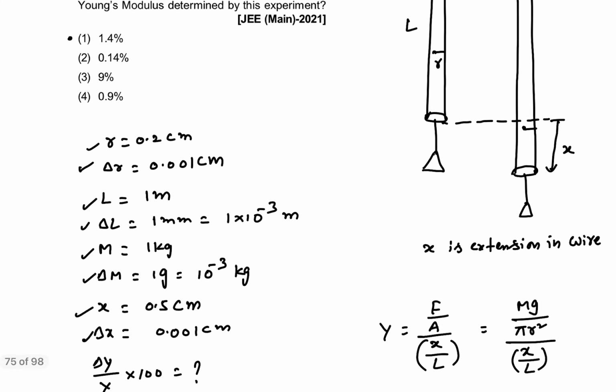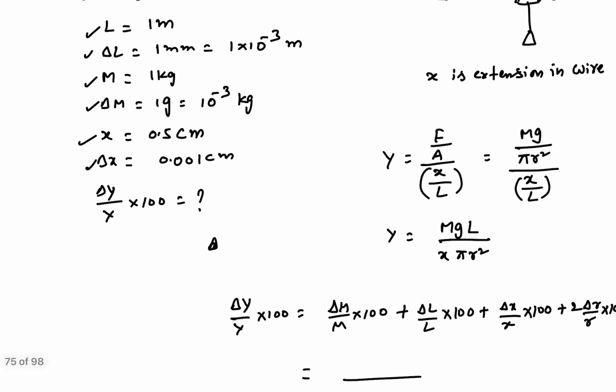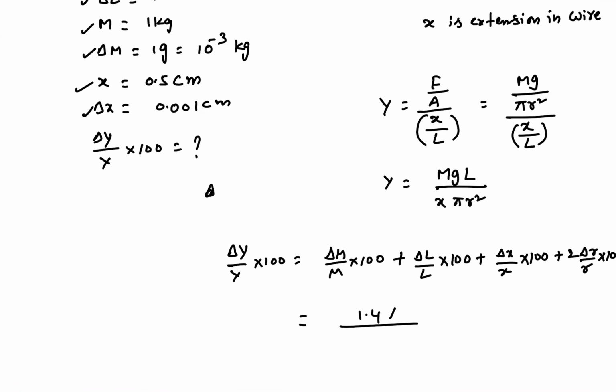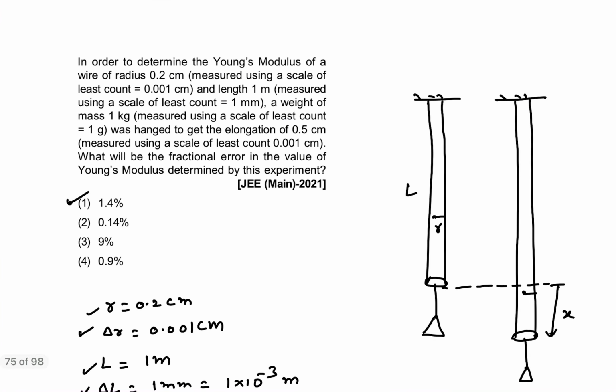I have given all the values: delta r and r, delta L and L, delta m and m, delta x and x. You just substitute all the values and we will get the required answer. 1.4 percent you will get. So the answer for this one is 1.4 percent.